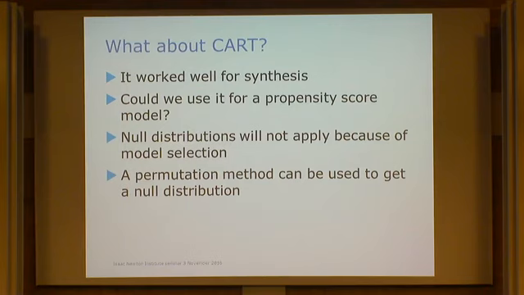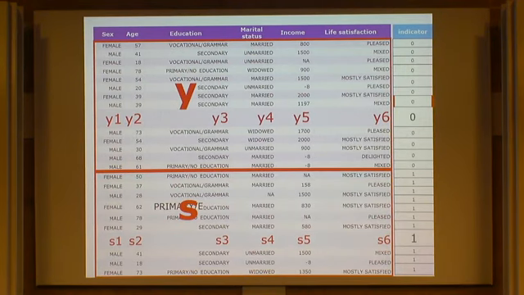But Joshua suggested last summer that we could use a permutation model to get the null distribution of the propensity score. And that seems to work quite well. So basically, if that's how you calculate the propensity score, you simply take a set of random permutations of your indicator, get the distribution of that many times, and that gives you the null distribution.